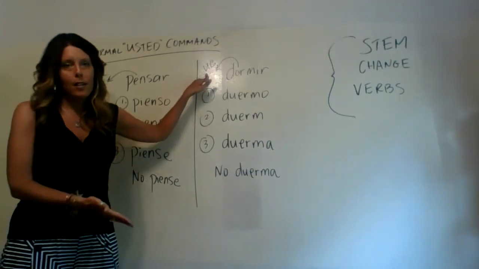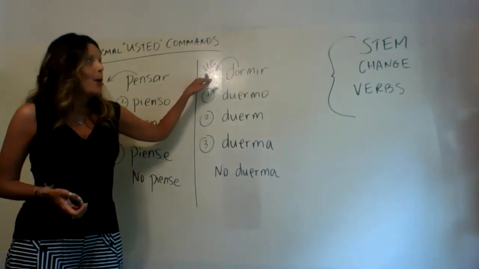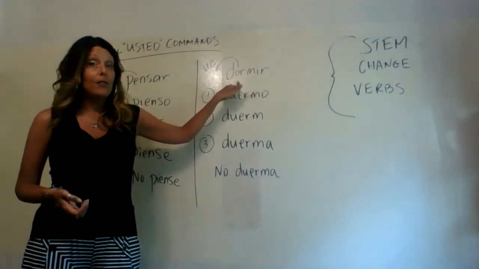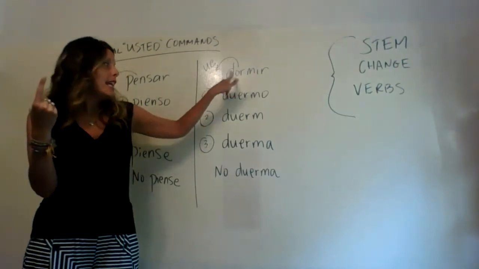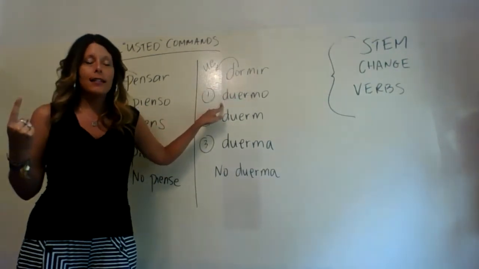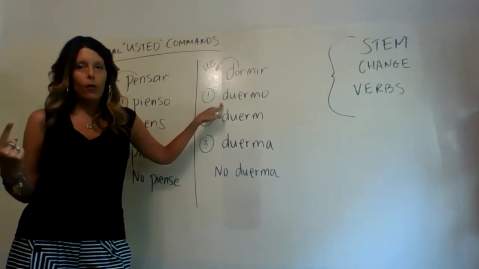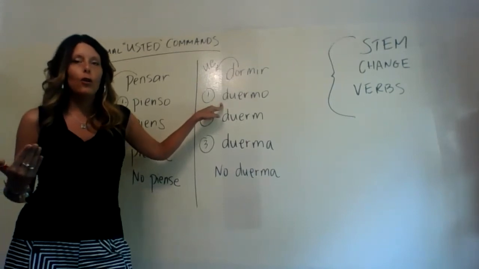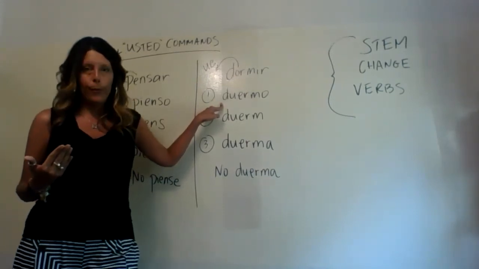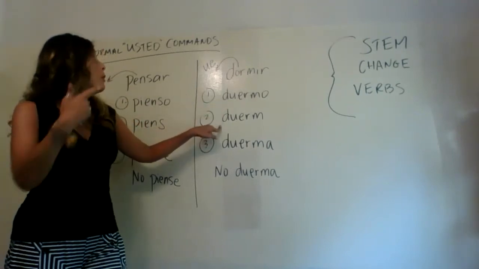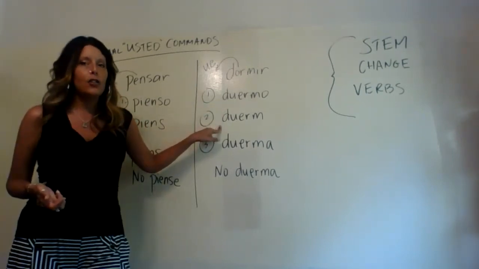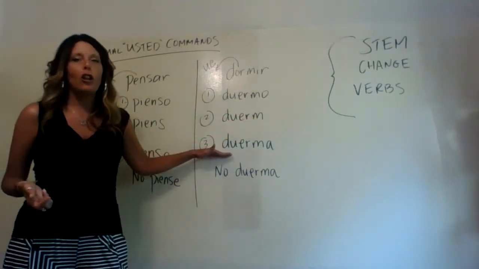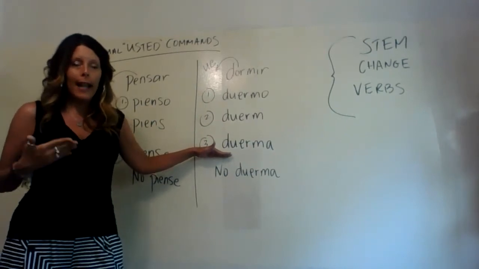By having memorized it in Spanish 1, or reviewing it now. So we have dormir, O to UE stem change verb. First step, we take it to the yo conjugation of the present tense and we get duermo, spelled D-U-E-R-M-O. Then step 2 to forming a formal usted command is to drop the O, and that's what I've done in step 2. And then step 3 is all about adding the appropriate opposite ending.